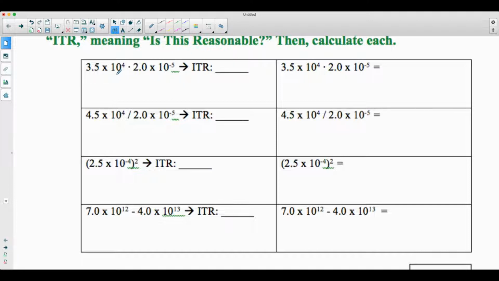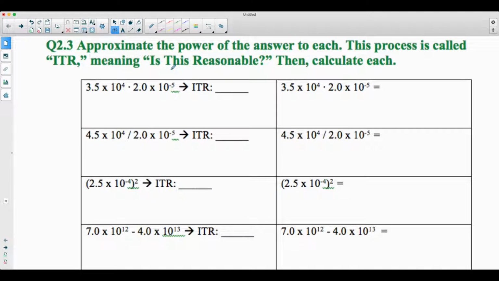Now, roughly speaking, if you needed to approximate the power of the answer, 10 to some power is what we're looking for. Well, you just look at the power of each piece that goes into the problem. So this is 3.5 times 10 to the 4th. This is 2 times 10 to the negative 5th. Roughly speaking, you can think of this as 10 to the 4th and 10 to the minus 5th. They're being multiplied.